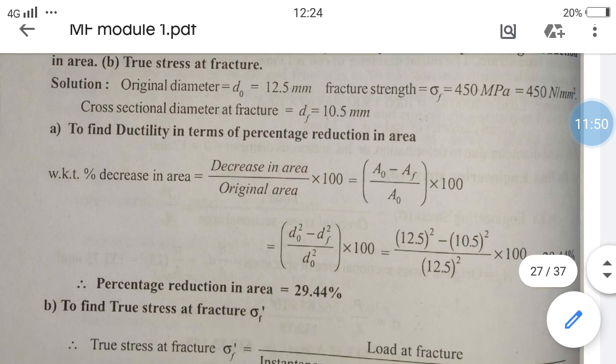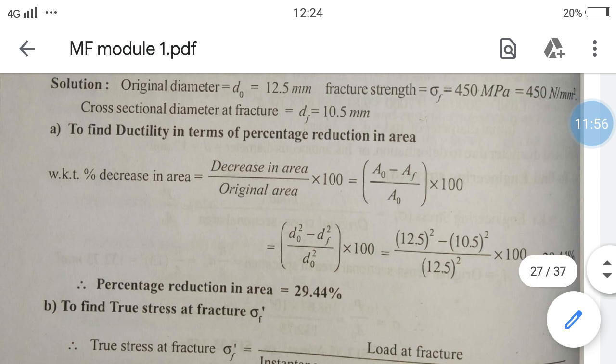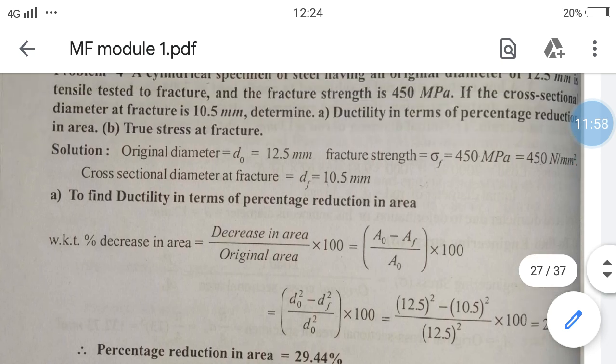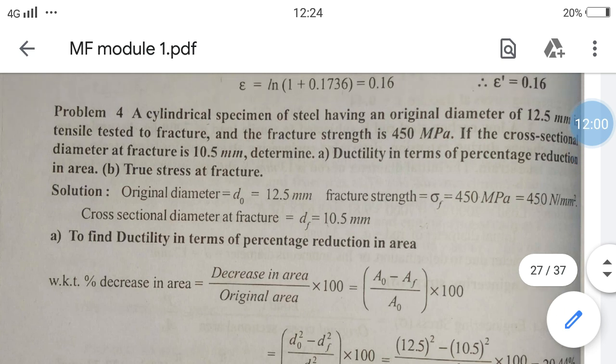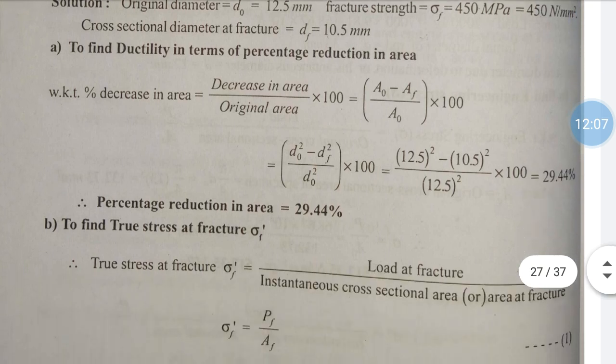Actually you need to convert. Area means pi by 4 d square minus pi by 4 d square only you need to do. Where A naught is there you need to mention 12.5, where Af is there you need to mention 10.5. You'll get 29.44. That means the percentage reduction in area is 29.44, meaning 29% ductility in the material.